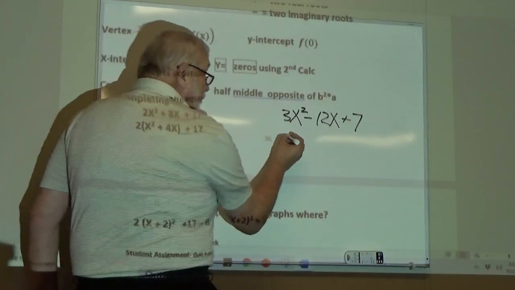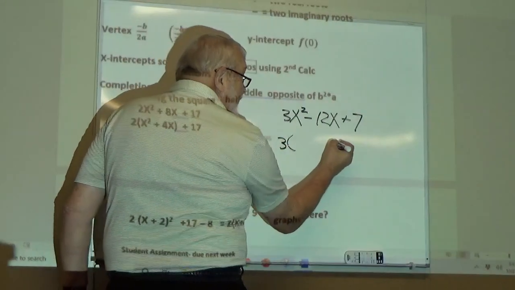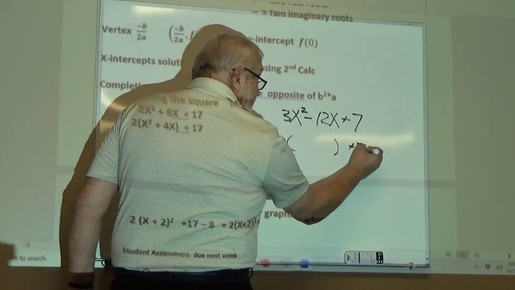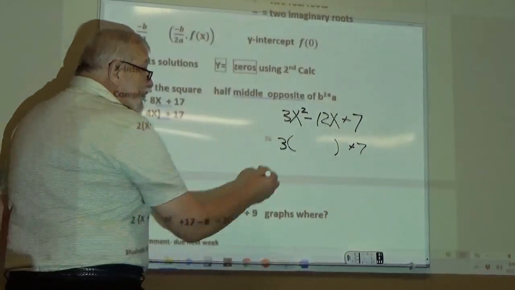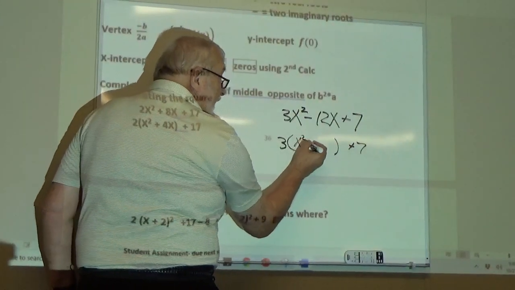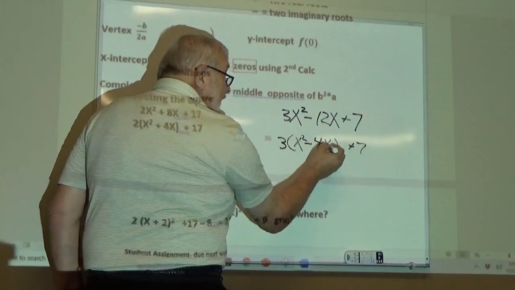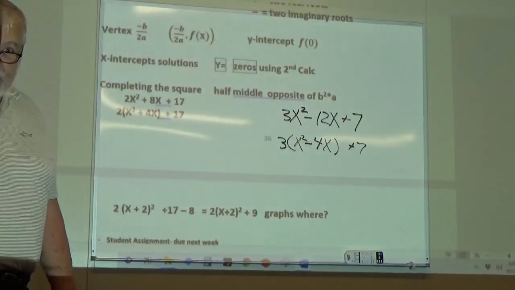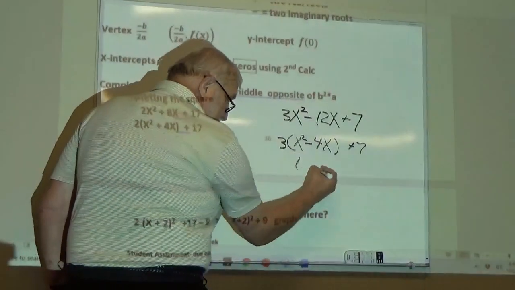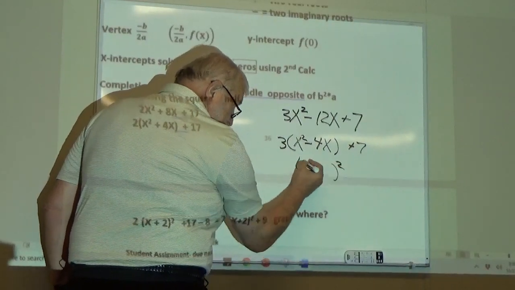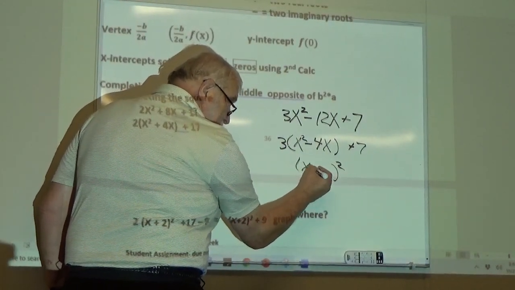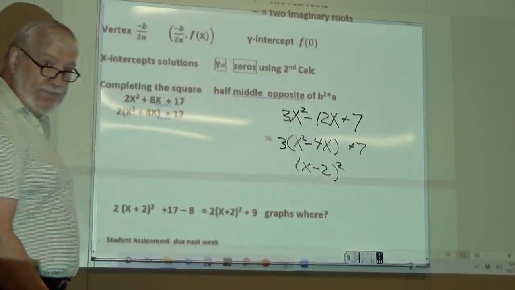Okay, so I'm going to pull the 3 out, and what am I going to have in here for these two terms? I'm going to have 1x squared, and I'm going to have a minus 4x. Now I can take half the middle term. It'll be x what? Minus 2.